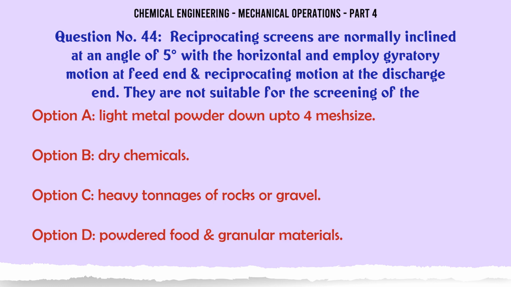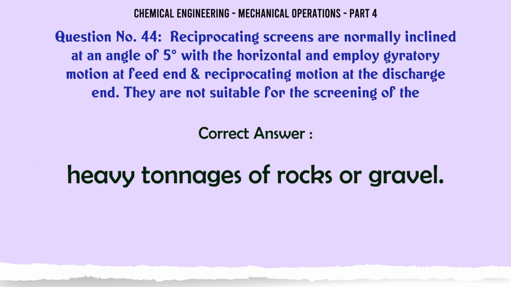They are not suitable for the screening of the A. light metal powder down up to 4 mesh, B. dry chemicals, C. heavy tonnages of rocks or gravel, D. powdered food granular materials. The correct answer is heavy tonnages of rocks or gravel.